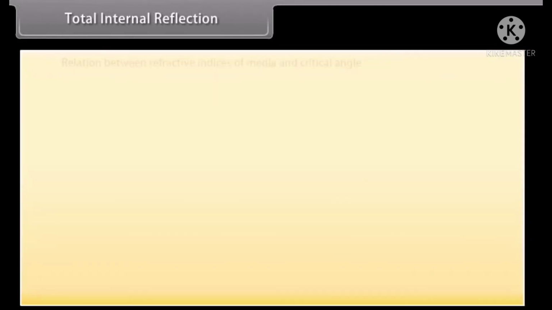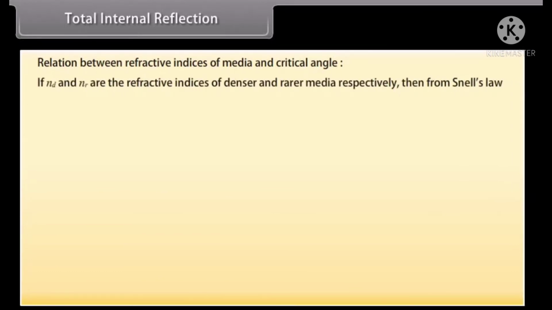Relation between refractive indices of media and critical angle. If nD and nR are the refractive indices of denser and rarer medium respectively, then from Snell's law, sin i by sin r is equal to nR upon nD. For critical angle incidence, i is equal to C and r is equal to 90 degrees.